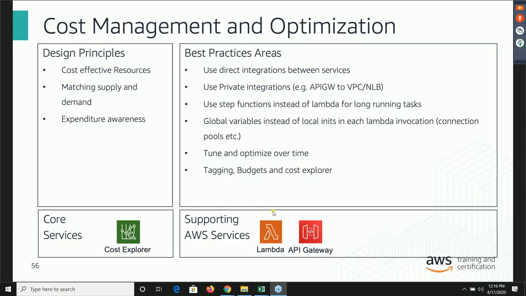So work with developers to make sure the code is written well and conforms to the best practices we have talked about. That is what's going to give you an efficient and well cost-managed solution.